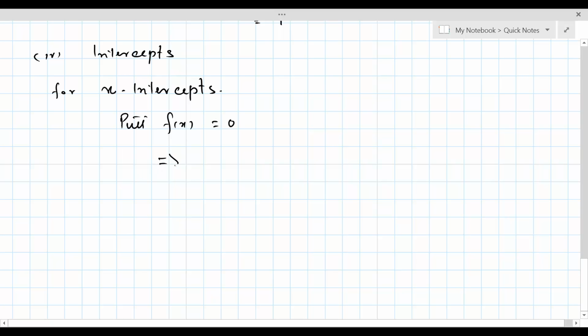This gives us 2 times x minus 3 whole square plus 4 equal to 0.